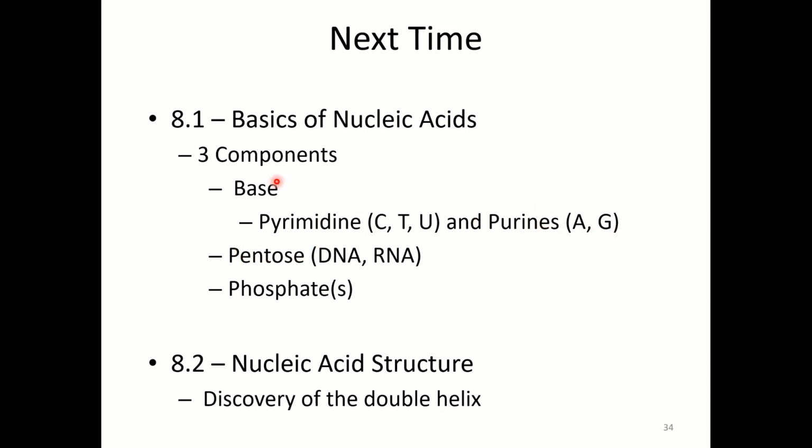Another important part of the nucleic acid is a 5-carbon sugar, and then you have phosphate groups as well. So we'll talk about the basic structure of nucleic acids, and then the actual discovery of the double helix structure in DNA.